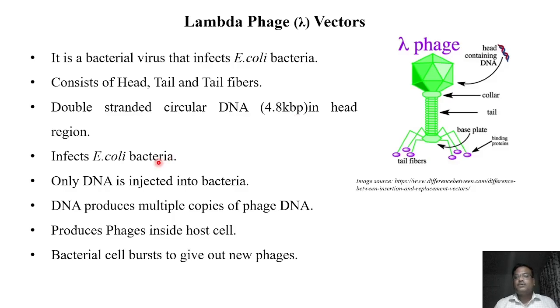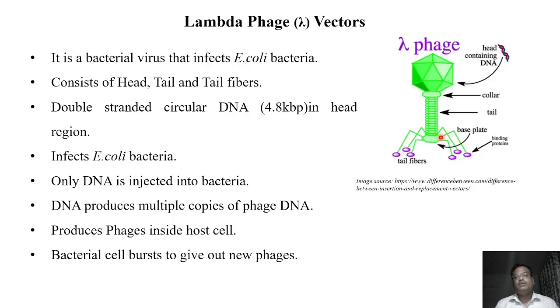It infects Escherichia coli bacteria and during the infection only the DNA is injected into the bacteria. DNA produces multiple copies of phage DNA and it produces phages inside the host cell and the bacterial cell bursts to give out new phages.